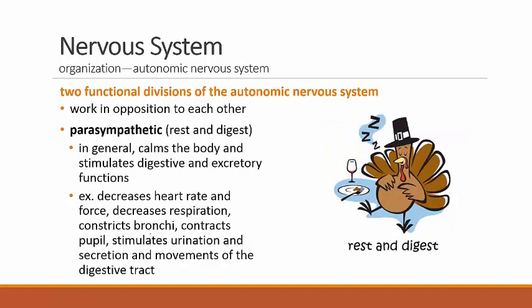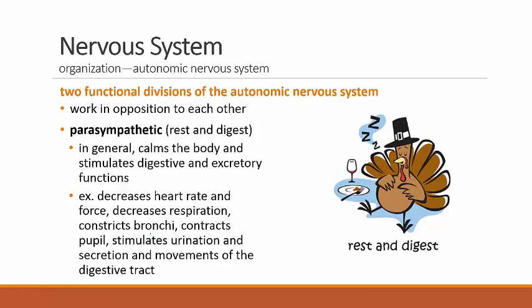And then the other division, the opposing division, is the parasympathetic. Para means alongside, so this is alongside the sympathetic division. And we think of this as the rest and digest system of the body. In general, it calms the body down, and we see stimulation instead of the digestive and the excretory functions.